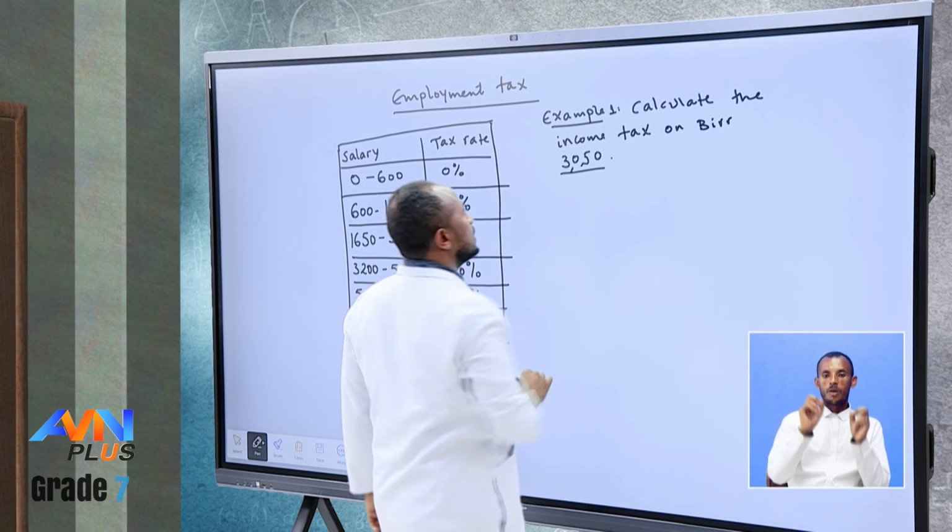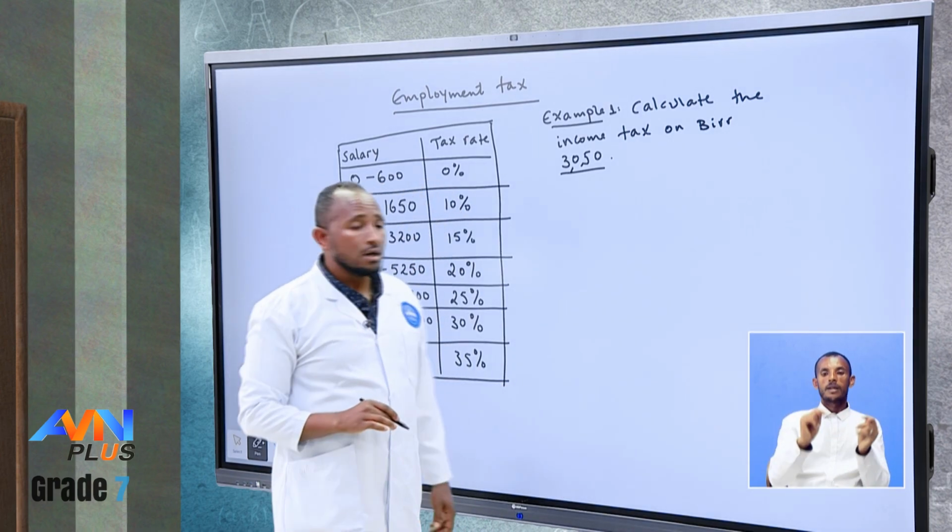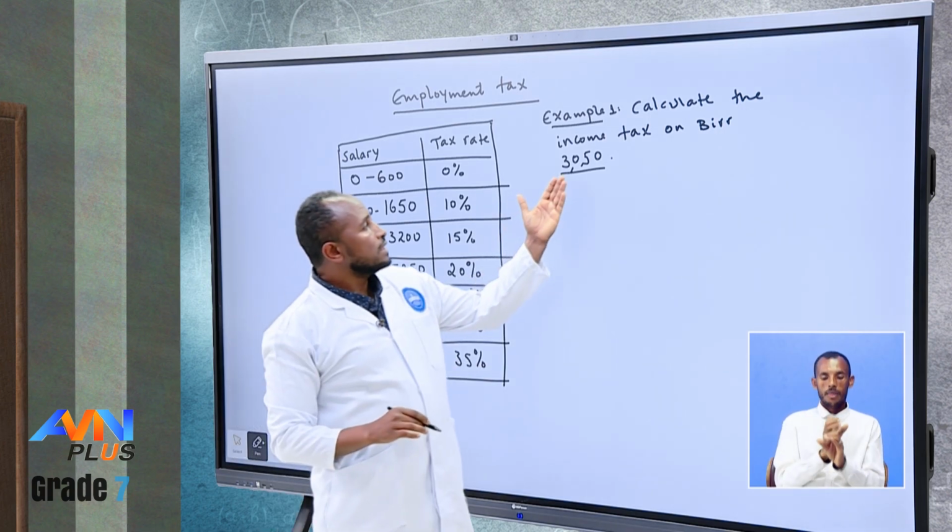Okay, let's see how to calculate the income tax on 3,050.